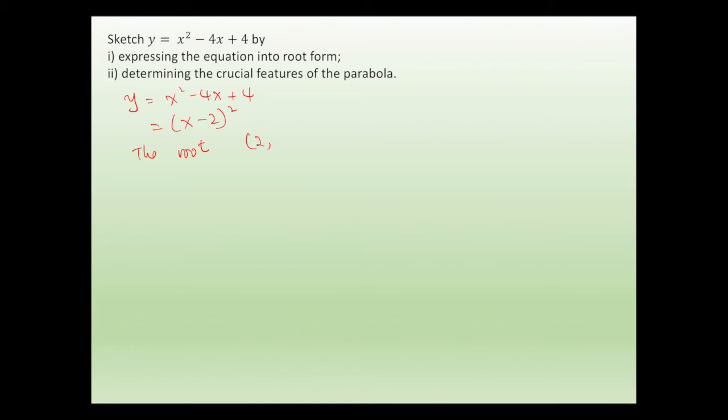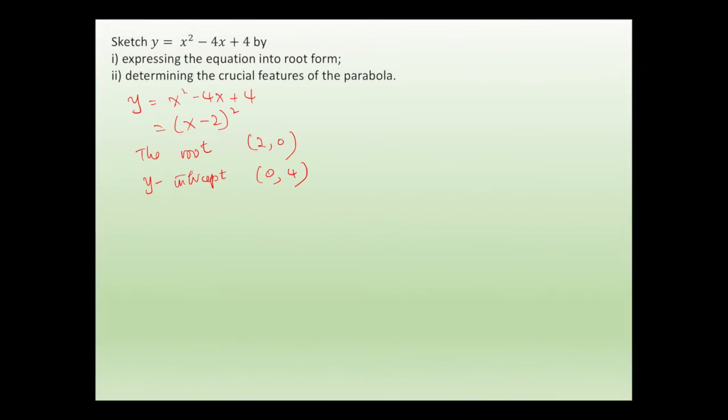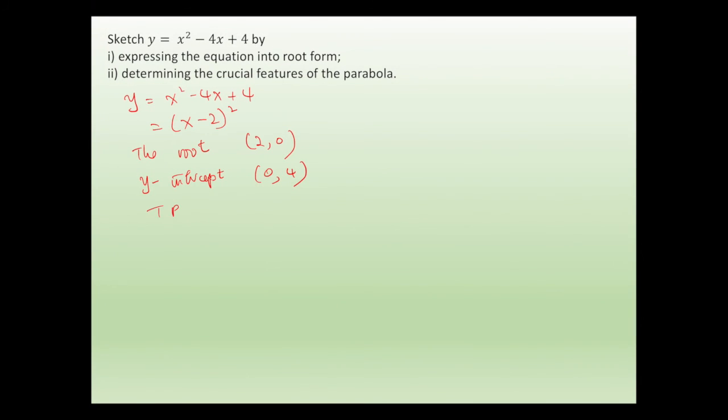Therefore, we know that the root is 2, 0. And we also know that the y-intercept is actually 0, 4. And then we know that the turning point in this case is the same as the root, which is 2, 0. And also the axis of symmetry is x equals 2.